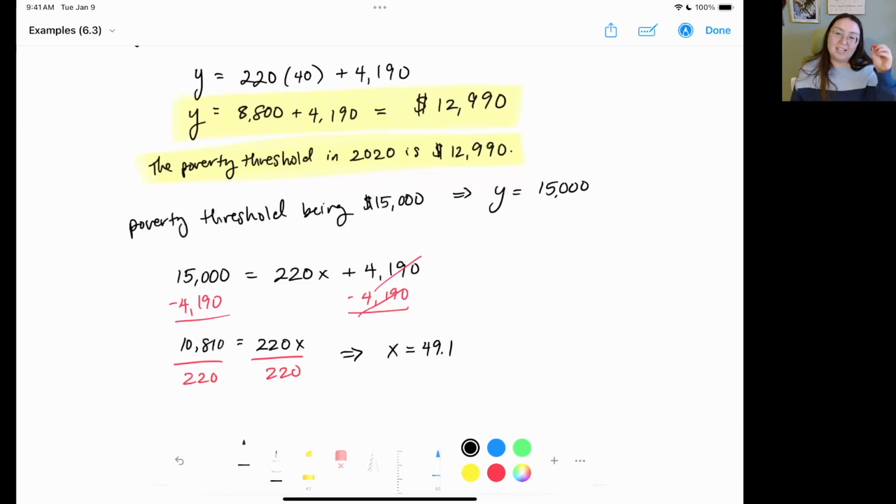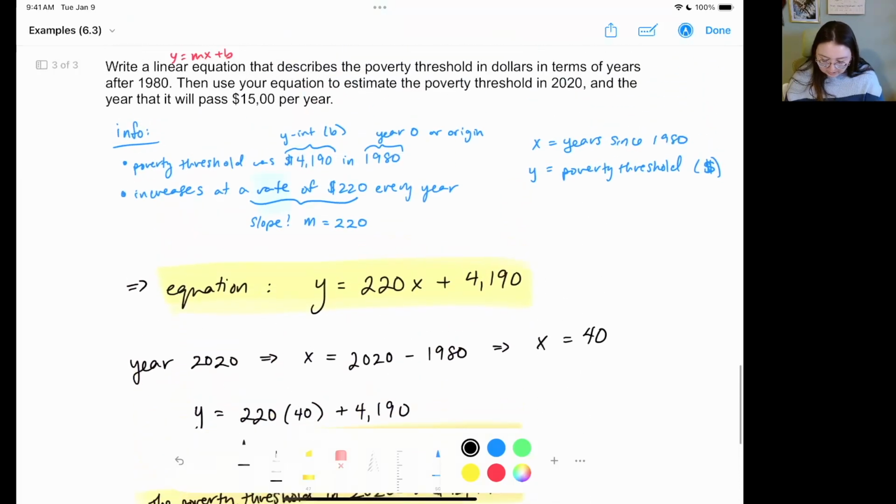We see that when the year hits 2029, that's the 49th year, the value is actually going to give us less than 15,000. So to figure out the year that it finally passes $15,000 per year, we're going to have to use a little bit of mental gymnastics, some reasoning skills.